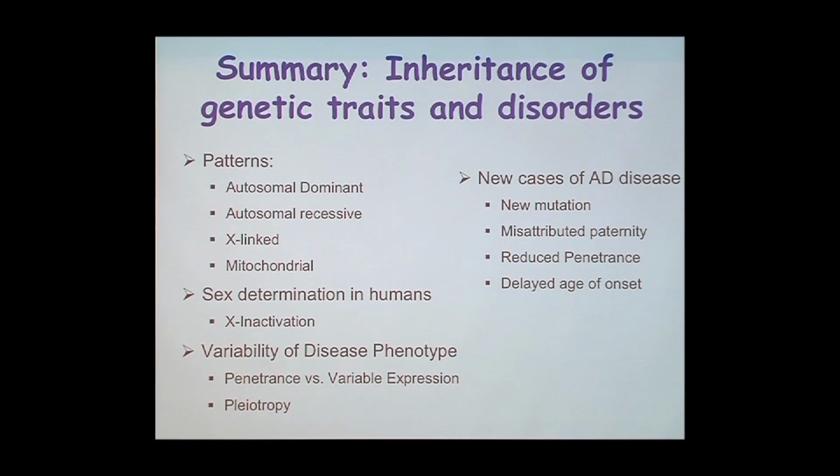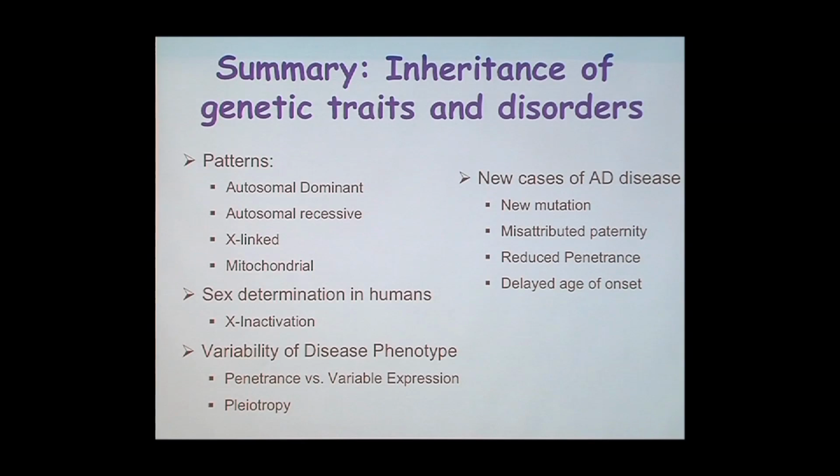So to summarize this part of the lecture, the inheritance traits, we talked about patterns of inheritance, autosomal dominant, autosomal recessive, X-linked inheritance, and mitochondrial. And we talked about how sex is determined in humans by the presence of the Y chromosome, and X inactivation occurs in females. And variability of disease phenotype can be due to reduced penetrance and variable expression.